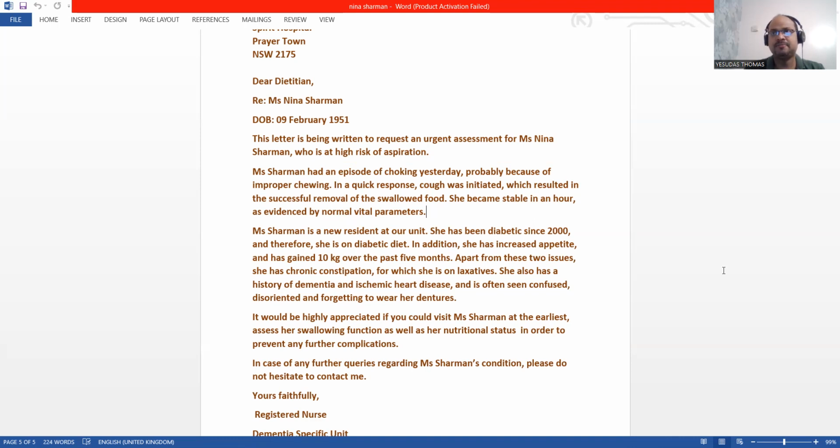So we need to make some alterations in the food habits or the type of food so that she may not need laxatives. She also has a history of dementia and ischemic heart disease and is often confused, disoriented, and forgetting to wear her dentures.